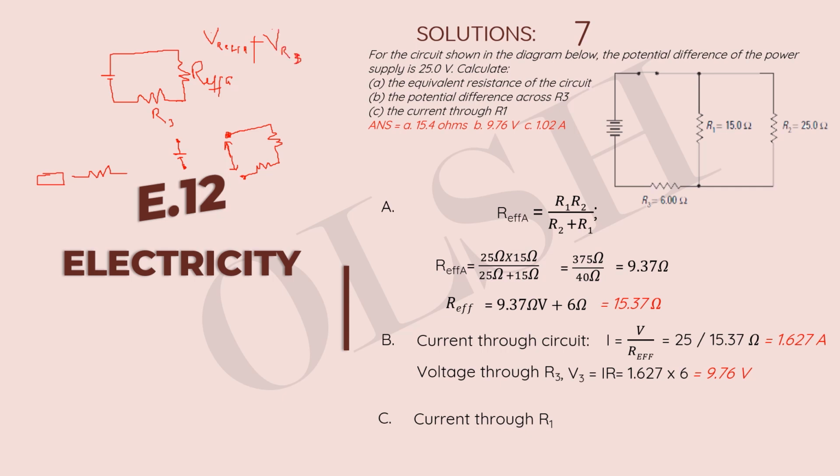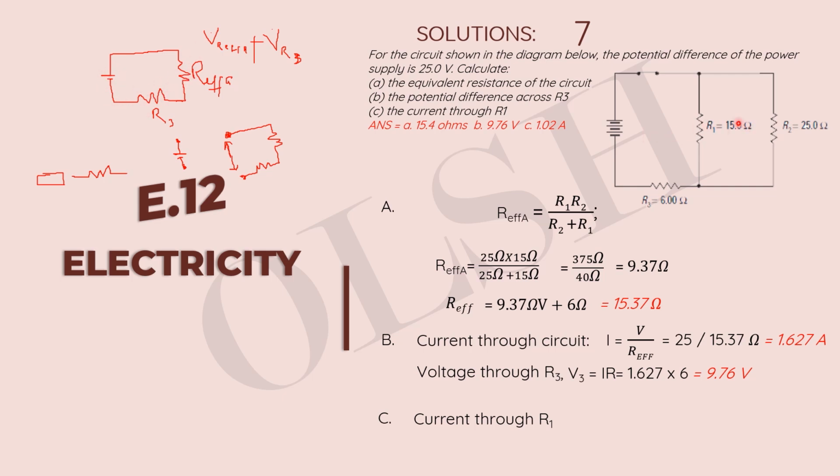So if we sum up both voltages, we will have the voltage across the battery, or the EMF of this battery, because the voltage across this battery will split between these two resistors. So we'll have a voltage drop here, and we'll have a voltage drop across this one too. So if you sum both voltages together, we'll get the voltage of the battery.